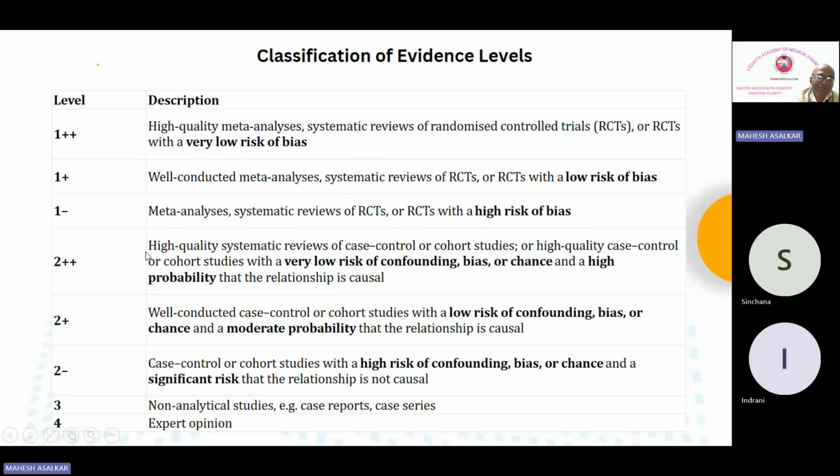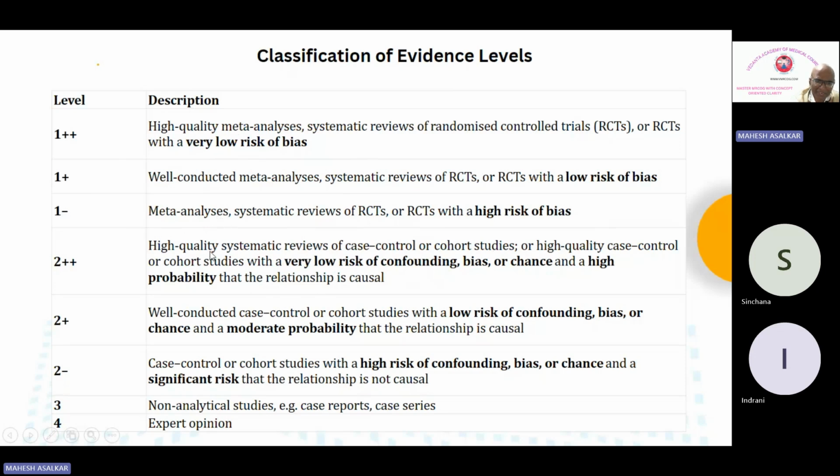Okay, here we will have high quality systematic reviews of case control and cohort studies, or high quality case control or cohort studies with very low risk of confounding, bias or chance, and high probability that a relationship is causal. Okay, so what we have here, we don't have RCTs, we have case control or cohort.